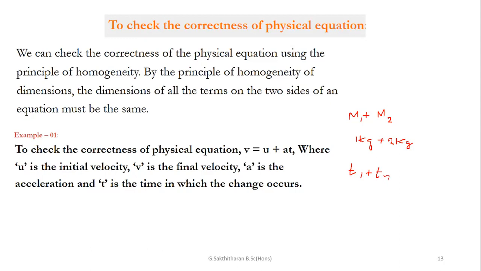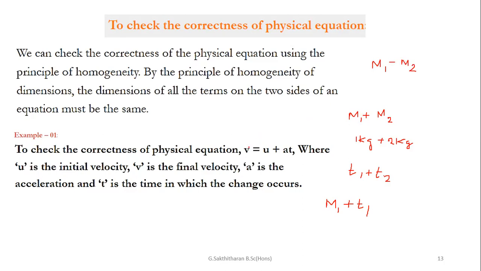But we can't add mass and time because these are two different physical quantities. We can't add M1 and T1, because M1 is mass, T1 is time. Similarly, we can subtract M1 minus M2.